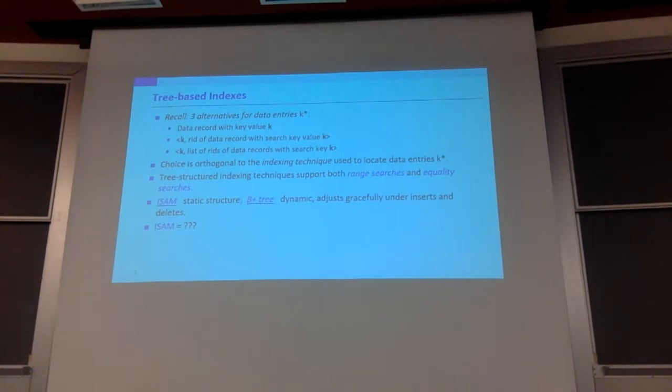For the first one, you could end up with variable length data entries, but your index is implicitly clustered. That's good for I/O, right? You get sequential I/O for that. For the second alternative, it's the most common one because the data entries are typically small, especially since the RIDs are very small.